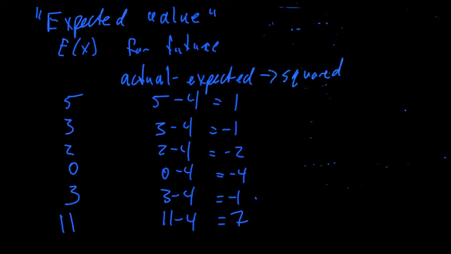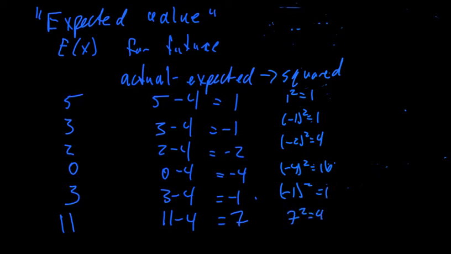well, that would be 1 squared is 1, negative 1 squared is 1, negative 2 squared is 4, negative 4 squared is positive 16, negative 1 squared is 1, and 7 squared is 49. Now, these things are all positive.